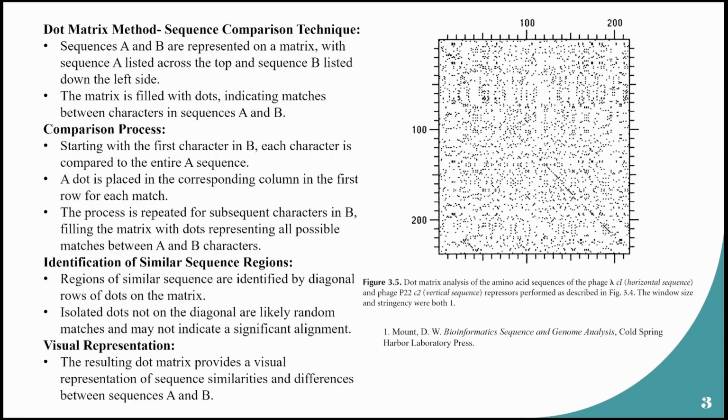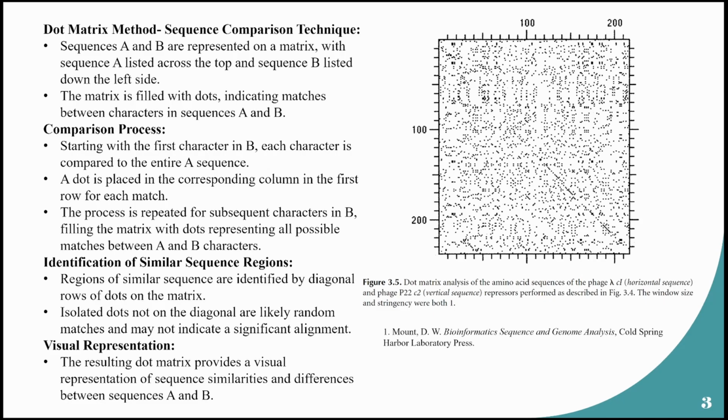Anyone remember what the dot matrix was like, and how to construct it? Sir, as you said, it was a visual representation. On the y-axis and x-axis we put a sequence, and if we see a match, we put a dot into the matrix. For visualization, if we see a diagonal, we can say that the sequences are aligned at this point.